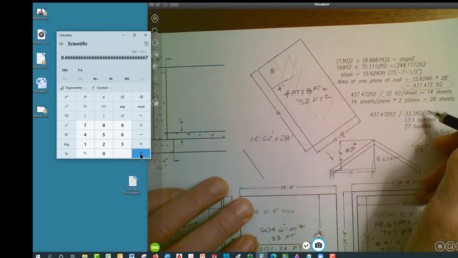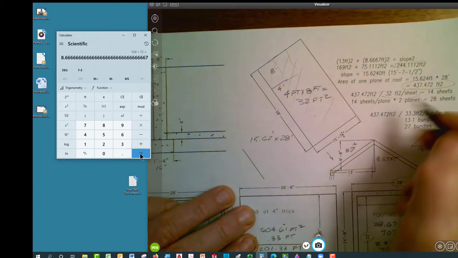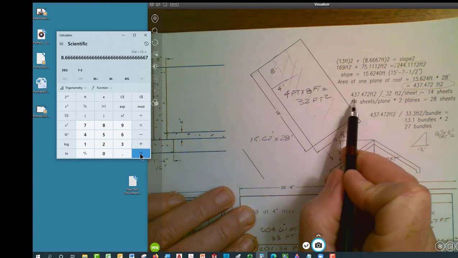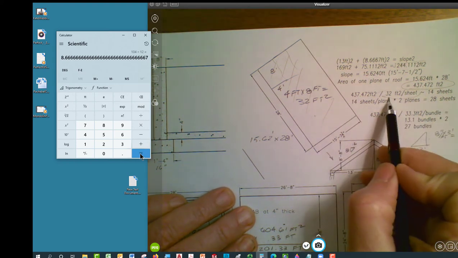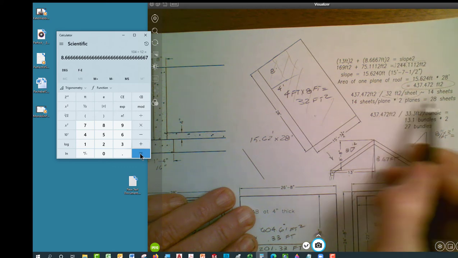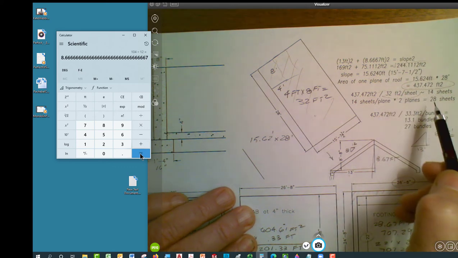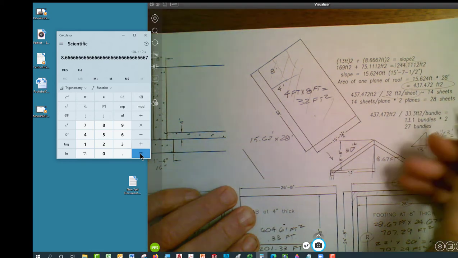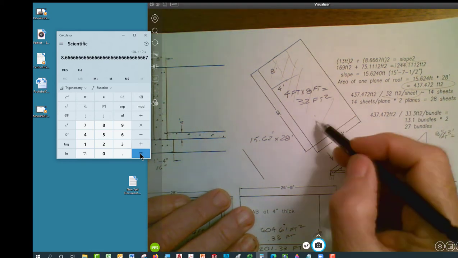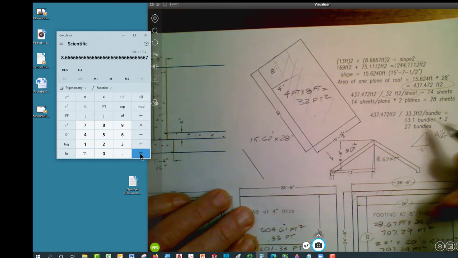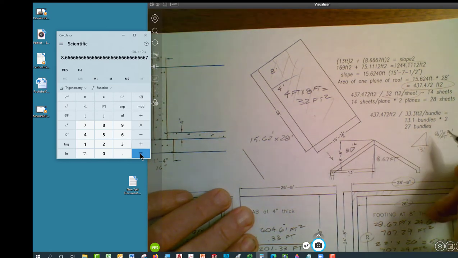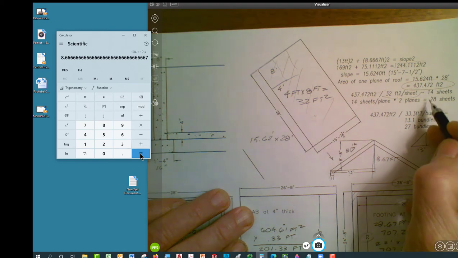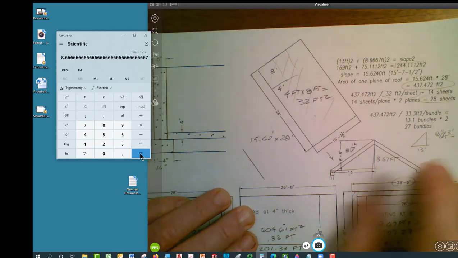Every sheet covers 32 square feet of area. So if we know the area of one roof plane is 437, we can divide by 32 square feet per sheet. That gives us about 14 sheets. You got to go up if you're going to round on this. So we need 14 sheets for that side. That means we need twice as many for the whole roof, so we need 28 sheets total. So the number of sheets of material we need is 28.